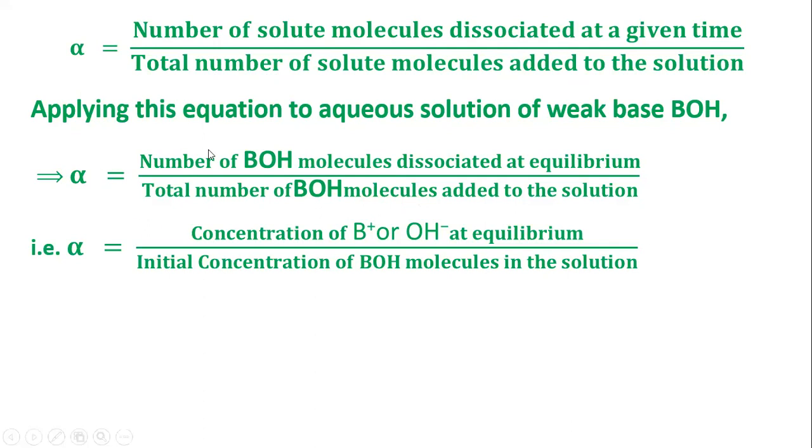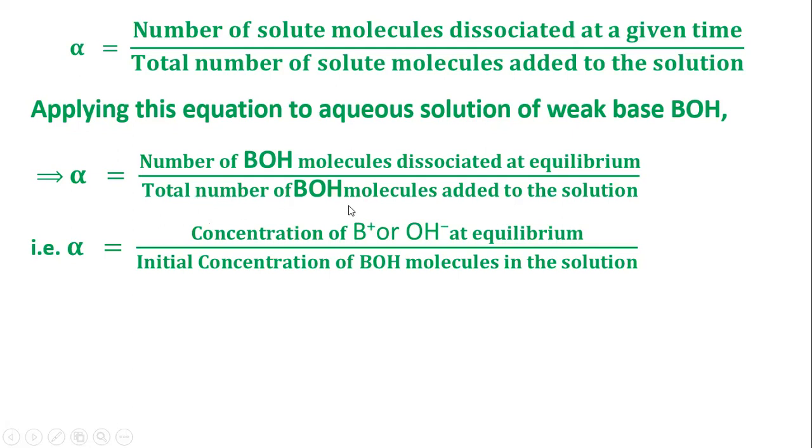The number of BOH molecules dissociated at equilibrium gives the same number of B plus ions and the same number of OH minus ions, and hence the amount of BOH dissociated can be indicated by the concentration of B plus or OH minus at equilibrium.